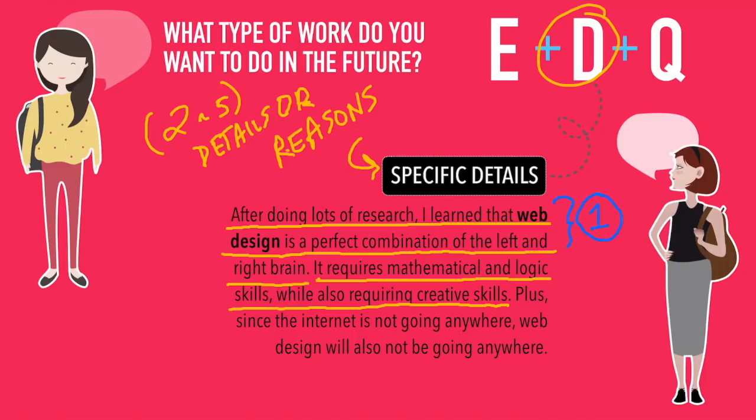All right, so we have part number 2. Let's continue. Plus, since the internet is not going anywhere, web design will also not be going anywhere. So again, we have our third detail, which covers letter D or part 2 of our equation.